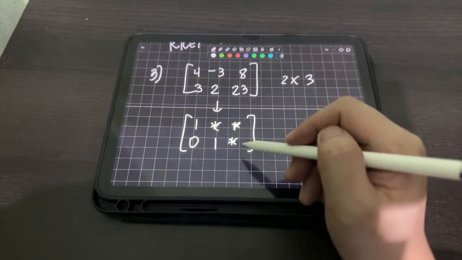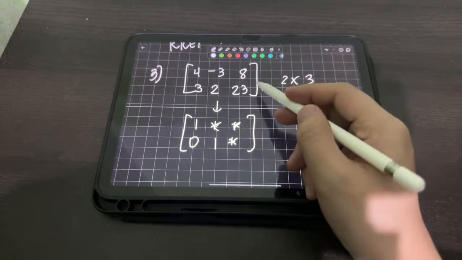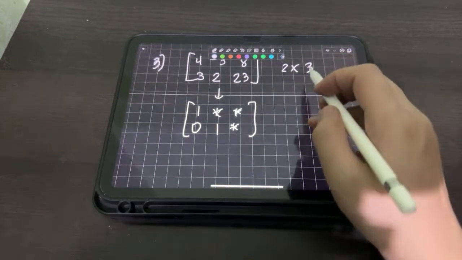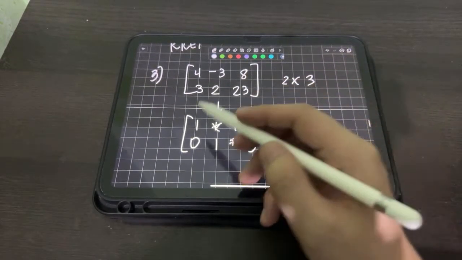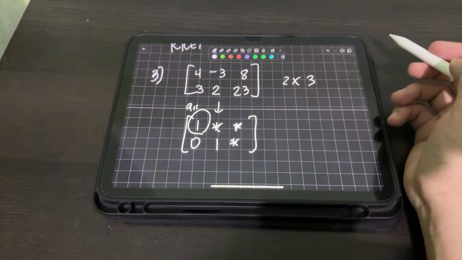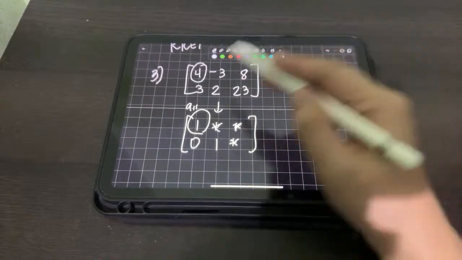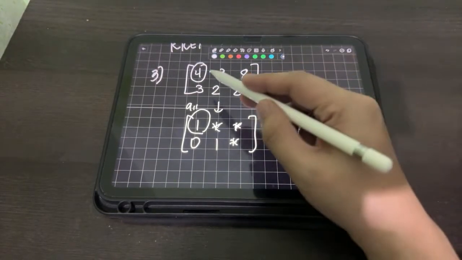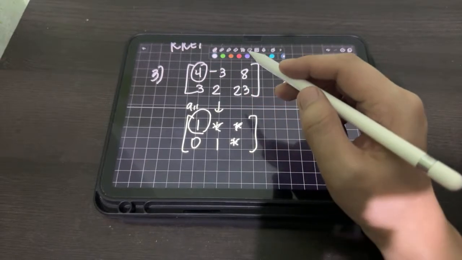So this will be the REF form of this 2 by 3 matrix. So the first goal is to have the 1,1 entry equal to 1, which is originally 4. How can we make this entry equal to 1?